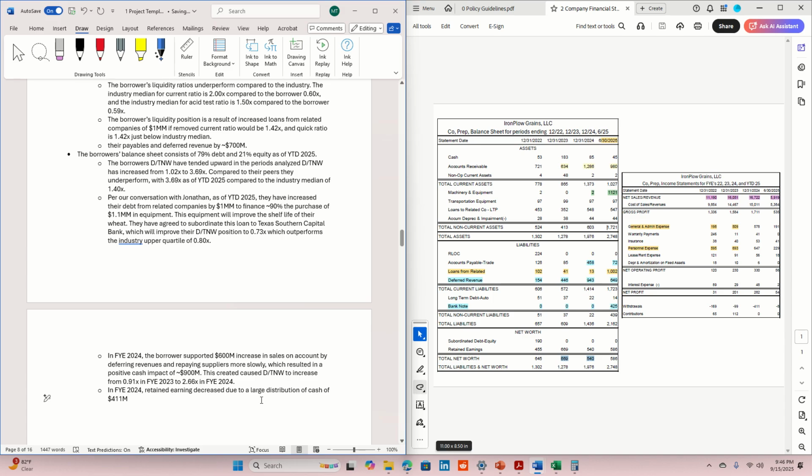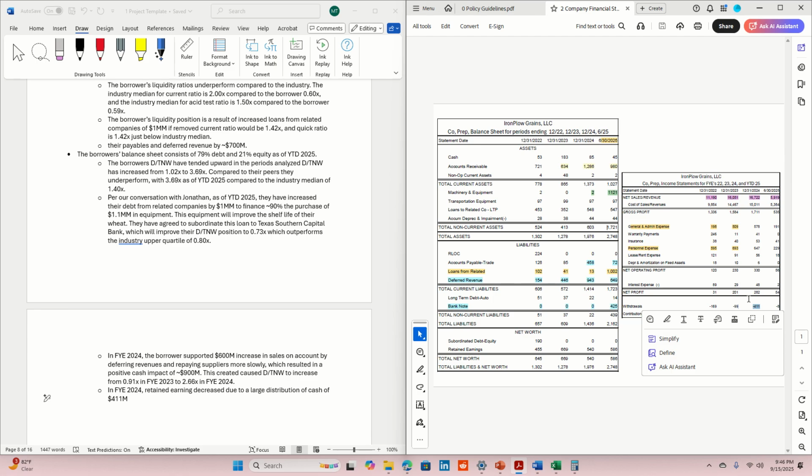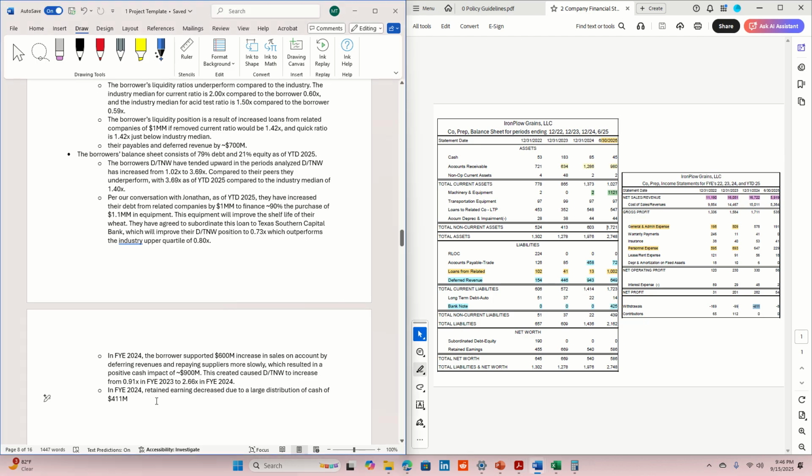And I got that. If you see, their retained earnings decreased in 2024, not because they were unprofitable. They had a profit, they turned a profit, but they withdrew $411,000. And I want y'all to take note of that because that affects their capitalization, right?